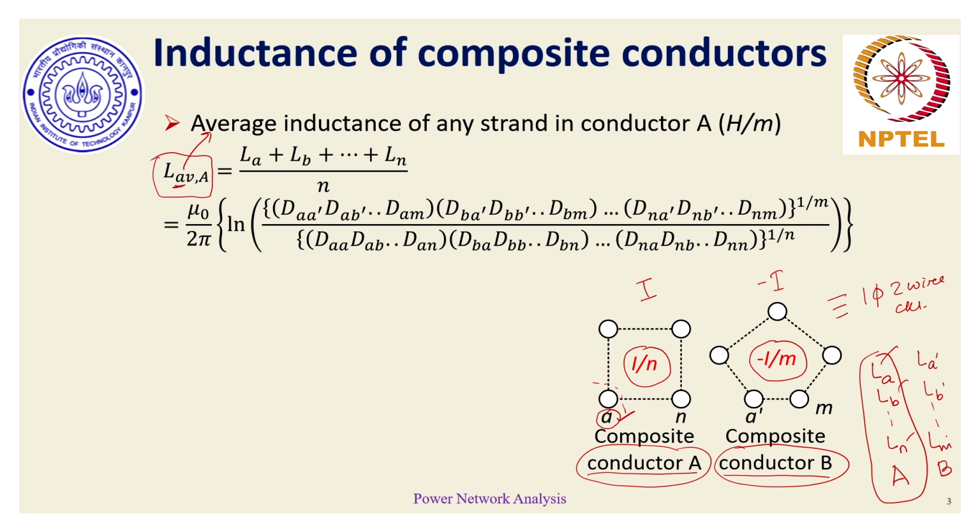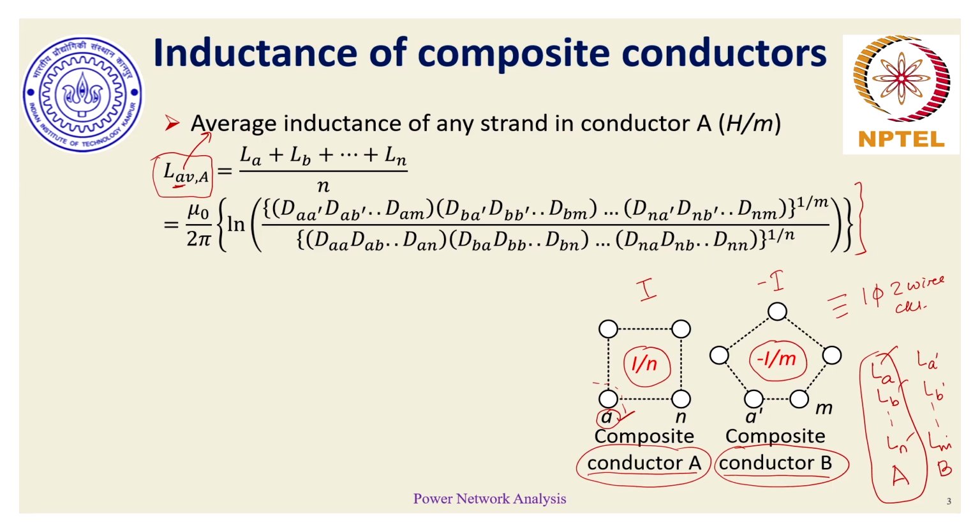If we take the sum of individual inductances divided by the number of strands that we have, then essentially we have this sort of expression. And this is where we had stopped in our previous week's last lecture discussion.